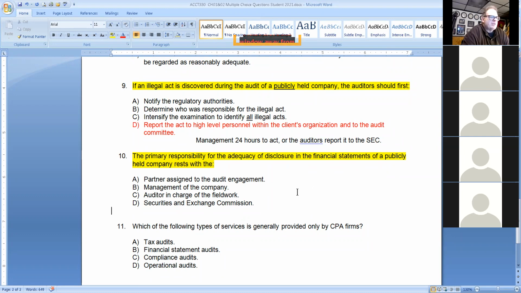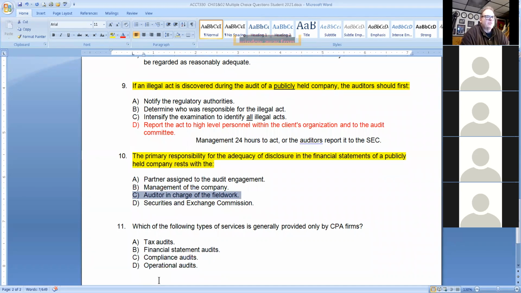All right. The primary responsibility for the equity disclosure of the financial statements of the publicly held company rests with, who's responsible for the financial statements? This goes back to that audit. We probably should have done these right after we read that audit report. Okay, first of all, let's say who's not responsible. The auditors are not responsible for financial statements. Why? We don't make them. We're responsible to make a report on the financial statements.